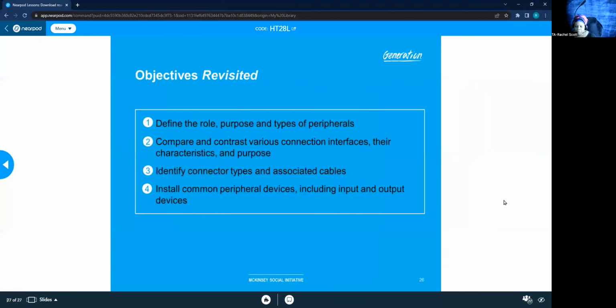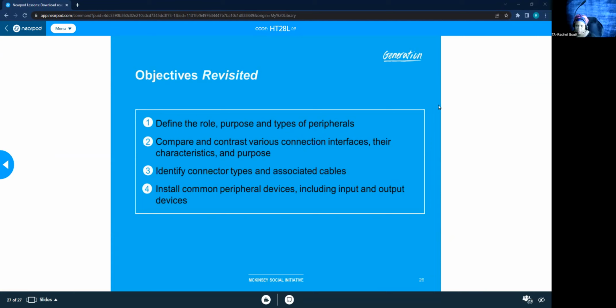Very good. So, objectives revisited: define the role, purpose, and types of peripherals, compare and contrast various connections, interfaces, and their characteristics. Identify connector types, associated cables, install common peripheral devices, including input and output devices.